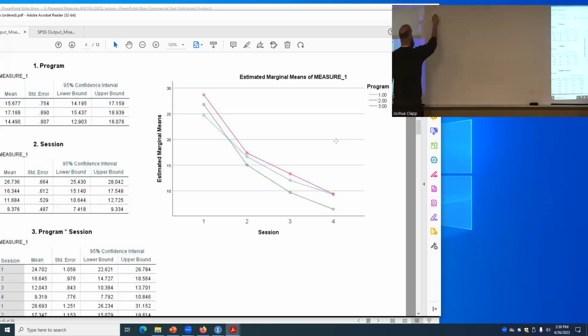So I've got 12 pairwise comparisons that I could make there, right?